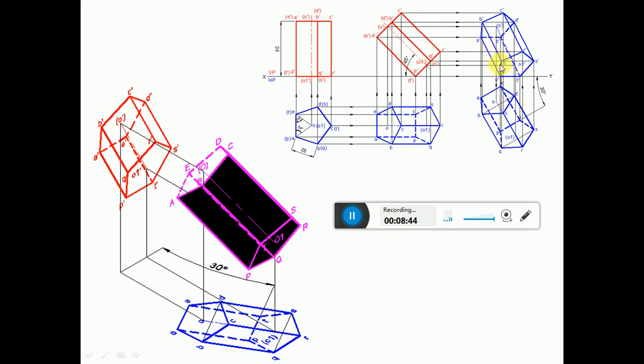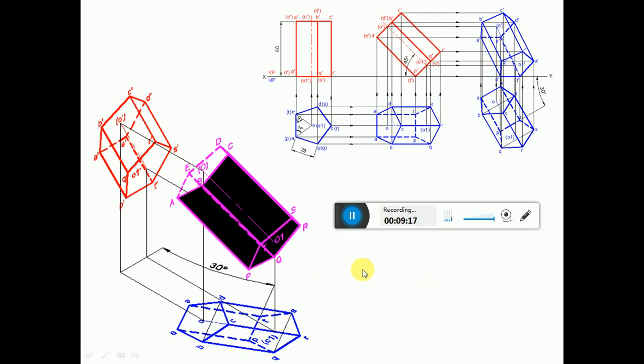So A dash P dash, P dash T dash, T dash S dash, S dash D dash, D dash C dash, C dash B dash, B dash A dash, and A dash B dash. All these edges form the exterior edges of the boundaries of the solid. So hence all these edges are visible. So you darken them as continuous lines.